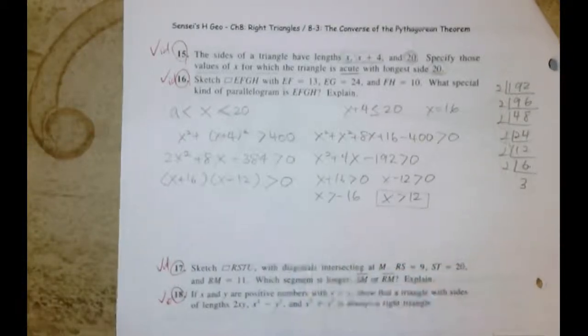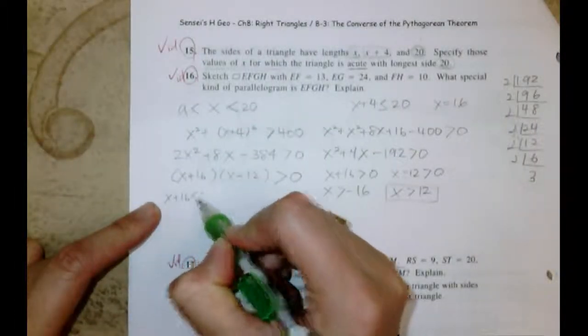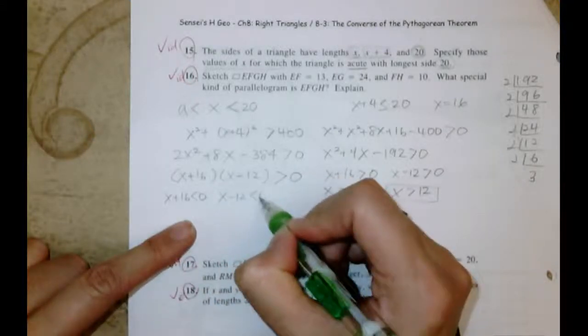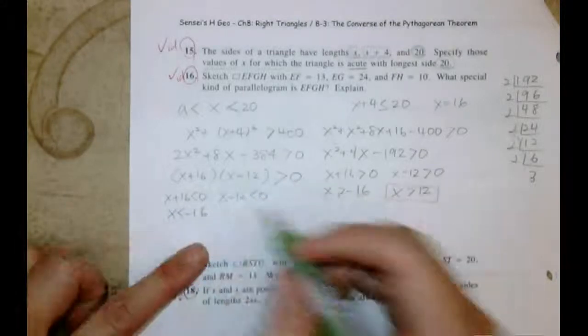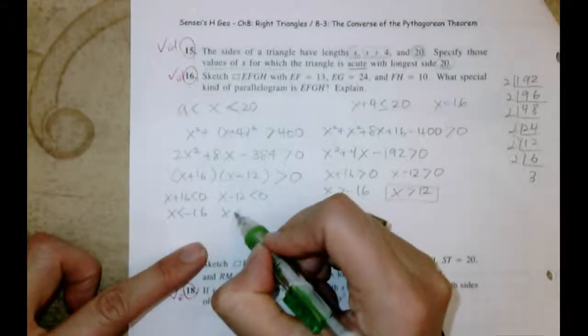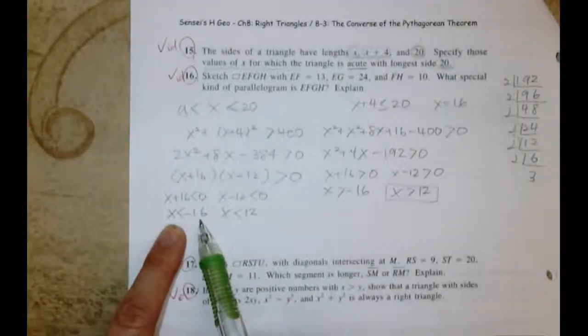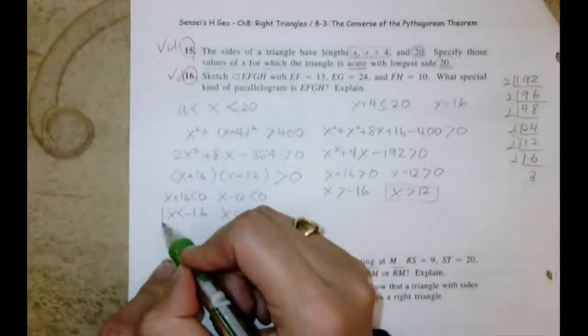And let's look at both being negative. So x plus 16 is less than 0, and x minus 12 is less than 0. So that means x has to be smaller than negative 16, and x has to be smaller than 12. Now, if x is less than negative 16, then it's going to be less than 12. So this is the dominant one.